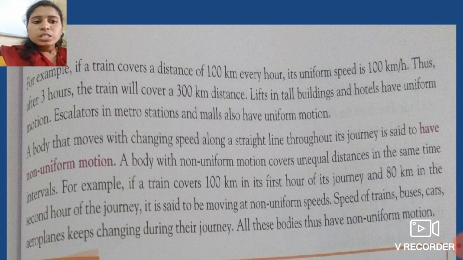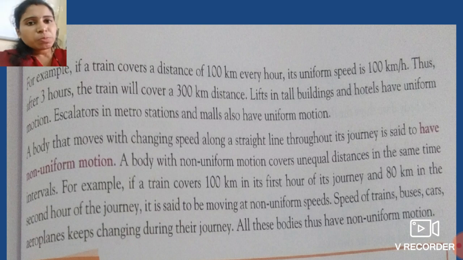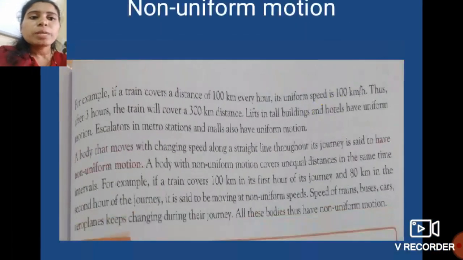So these bodies, these examples, trains, buses, cars, aeroplanes, have non-uniform motion. Okay students, what you have to remember over here: uniform motion means constant speed and non-uniform motion means not a constant speed. So this is all about non-uniform motion.